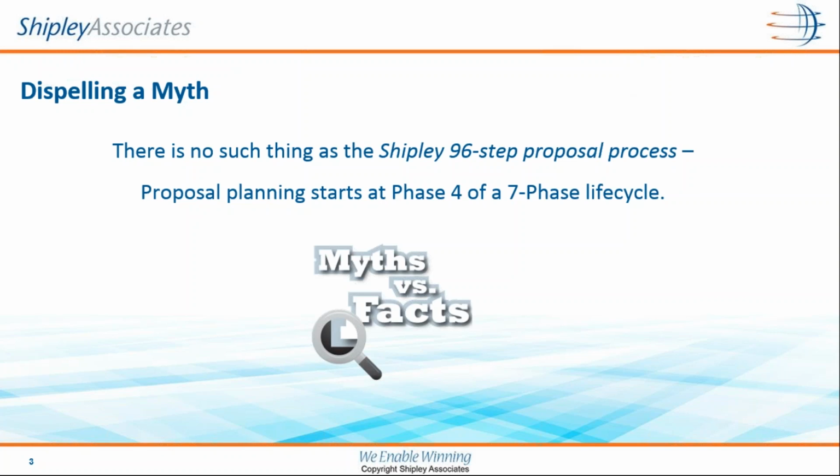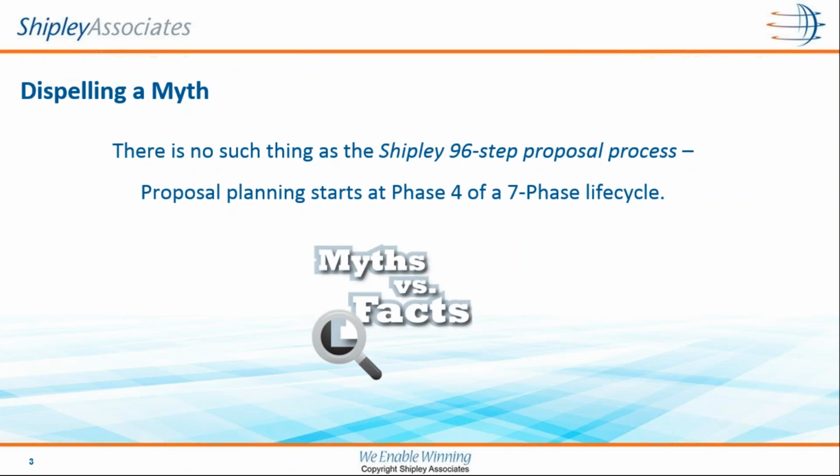What the 96 steps refers to is a framework that we established years ago based on industry best practice, industry standards of an entire business development life cycle. The proposal part of that life cycle doesn't kick in and engage until phase 4, which is really the 5th phase in the process, because we start at phase 0.